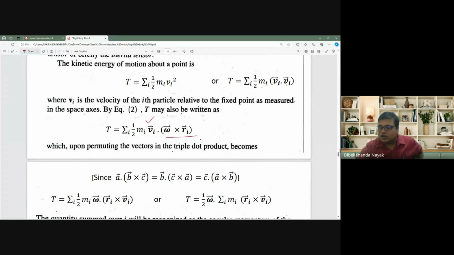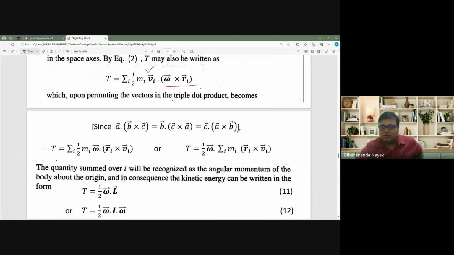Then use the vector identity a dot b cross c, which is equal to b dot c cross a, which is equal to c dot a cross b. So I use b dot c cross a. Omega dot ri cross vi, so that omega I can take outside. Half omega dot this.